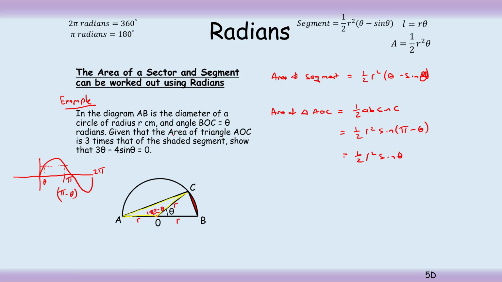Now they tell us here that the area of the triangle AOC is 3 times the area of the shaded segment. So let's write that down. Area of triangle AOC is equal to 3 times the area of the segment.